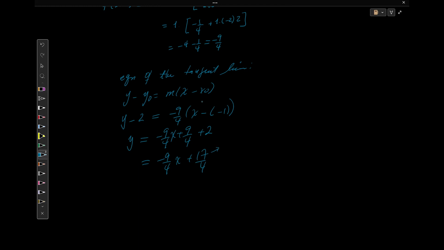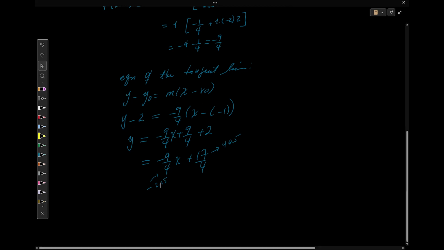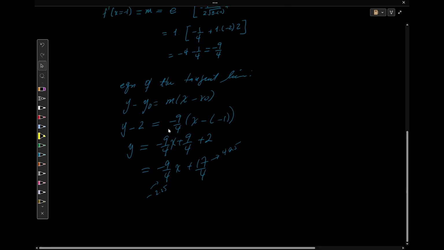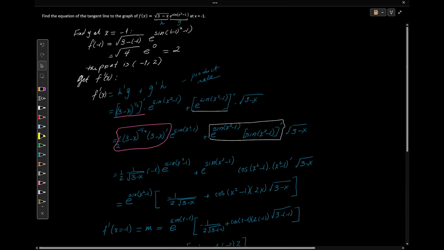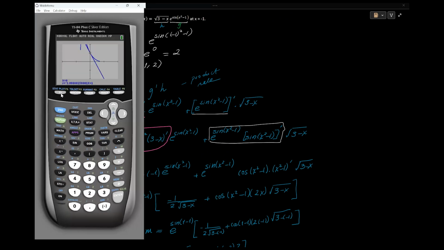So this is 4.25. And then this is negative 2.25. So let's see if the calculator gives us that. Okay. And it's good to see it as well. See how the function looks. So let's grab the calculator and plug that equation in there. So clear.